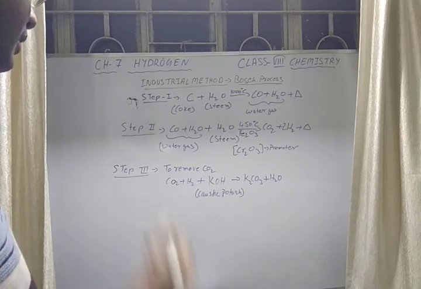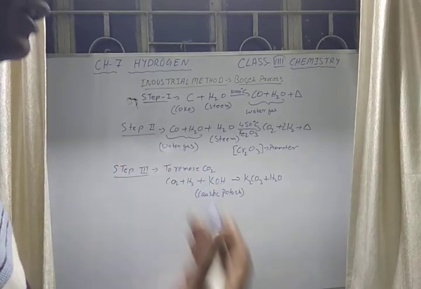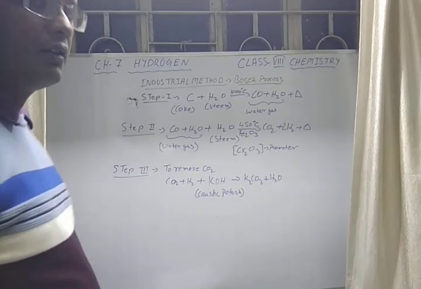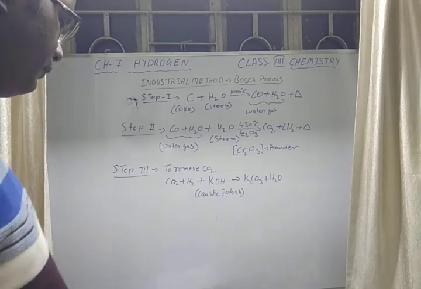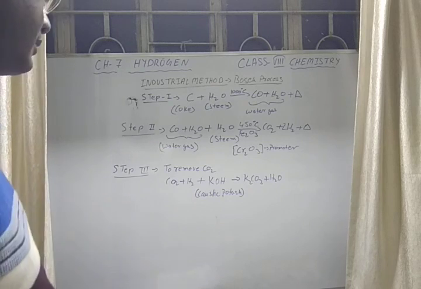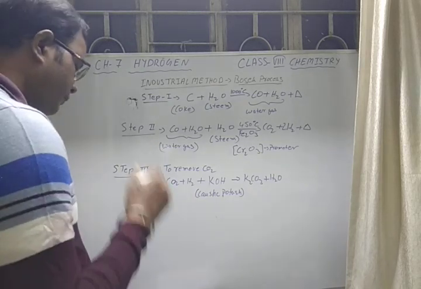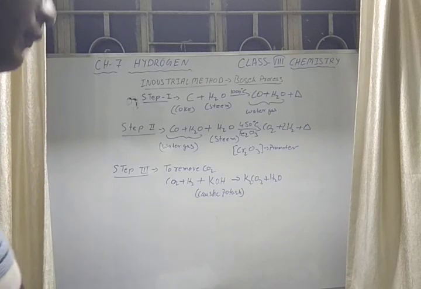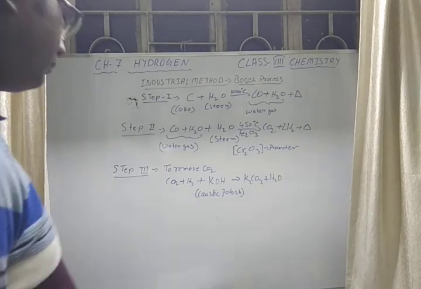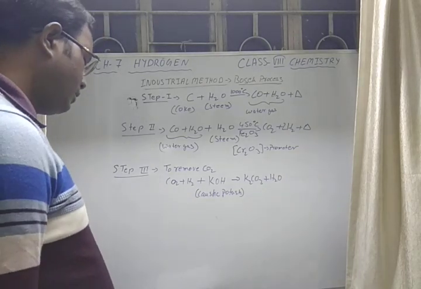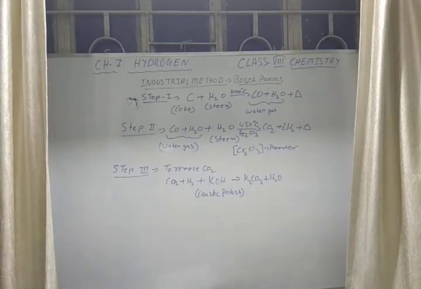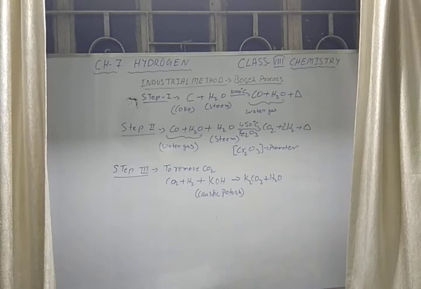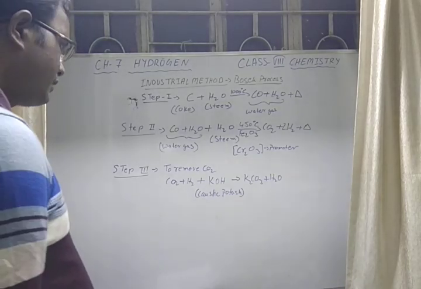After that, some part of carbon monoxide is still left with the hydrogen gas. So to remove this carbon monoxide, what we have to do is dissolve it in the ammoniacal cuprous chloride solution, that is called CuCl, ammoniacal cuprous chloride solution.